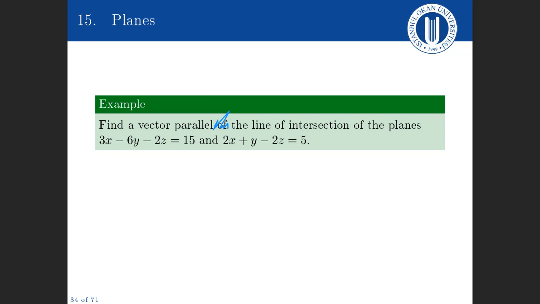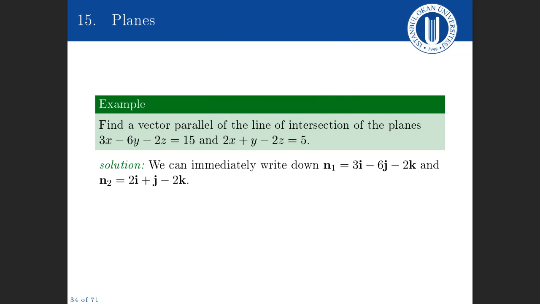We need the two normal vectors. We can just write that down straight away because we'll just look at the numbers in the equations. The first plane, it's 3x minus 6y minus 2z. The numbers are 3, minus 6, and minus 2. So the first normal vector is going to be 3i minus 6j minus 2k.